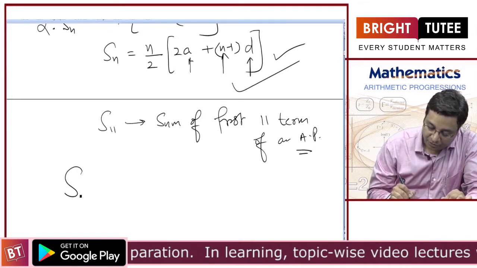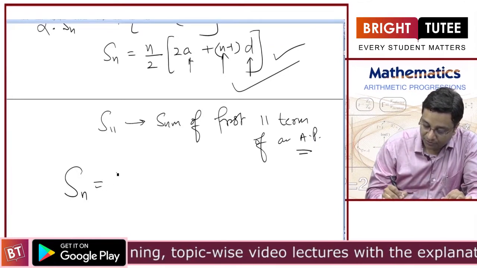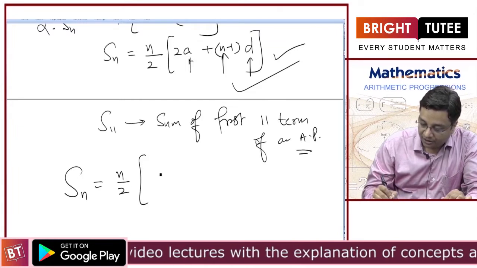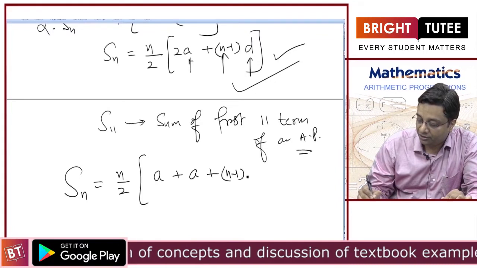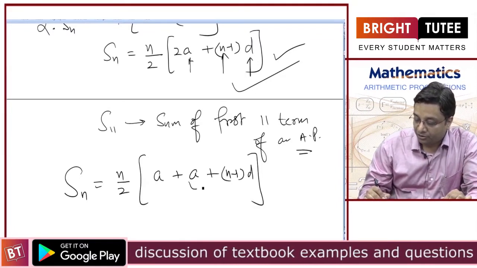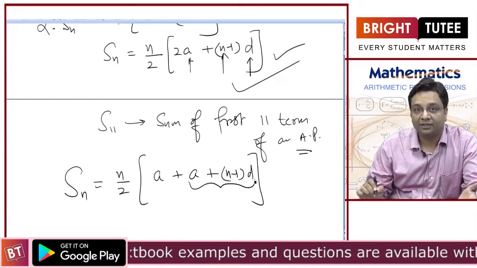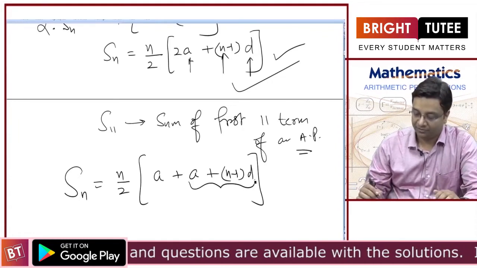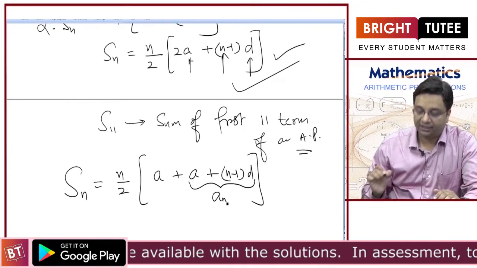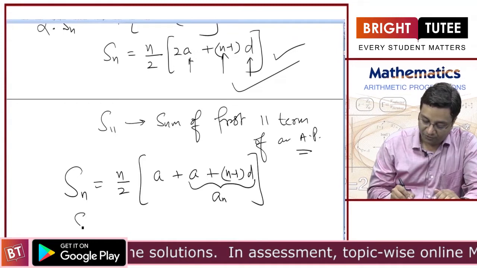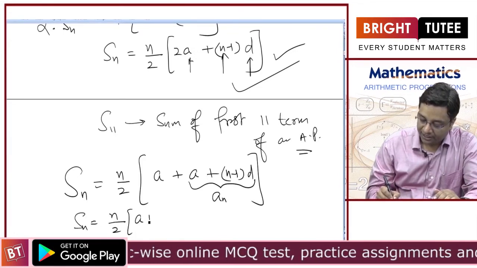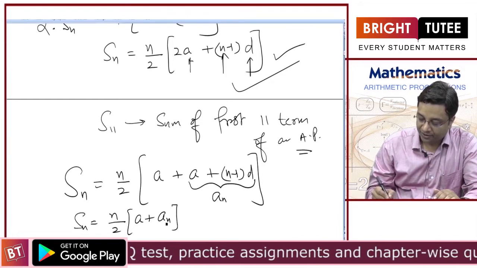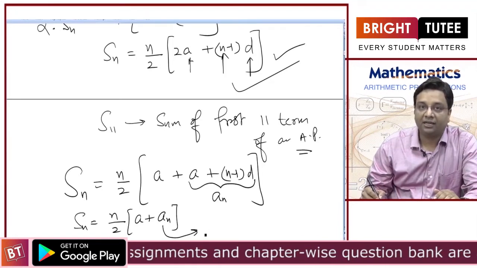Now if I break this formula, Sn equal to n by 2, if I write this as a plus n minus 1 into d. Now do you recognize this expression? This was the expression for the nth term, so I can write it as an. So the sum of n terms is also equal to n by 2 into a plus the nth term, which is sometimes referred to as the last term.